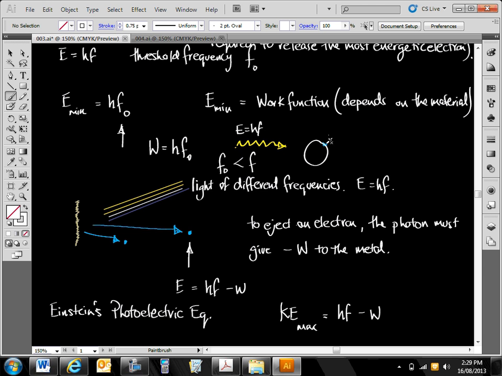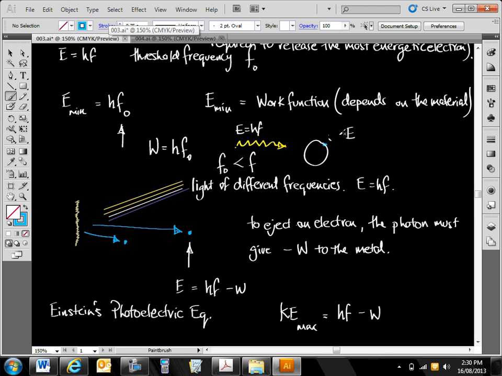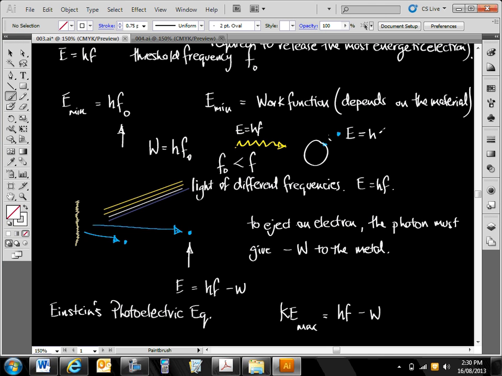But to free that electron, I've got to supply the work function. I've got to supply a certain amount of energy to bring its energy level up to 0 eV, and then whatever's left over is what energy the electron has. So the energy that the electron has then, when it comes off, is equal to hf, which is what the photon gives it.